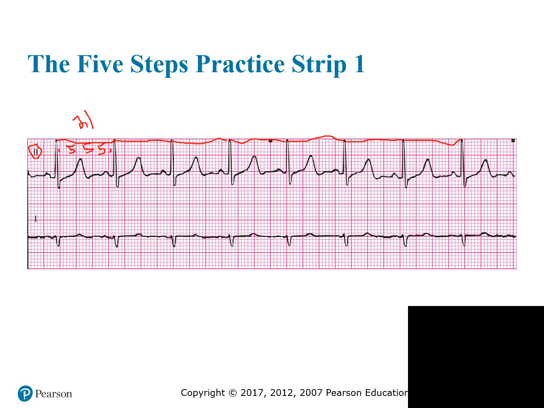The next one is, we have 5 here, 5 here, and not quite 5. 1, 2, 3, 4. We have 4 here, and 1, 2, 3. Remember, we're going at the top of your rhythm strip.